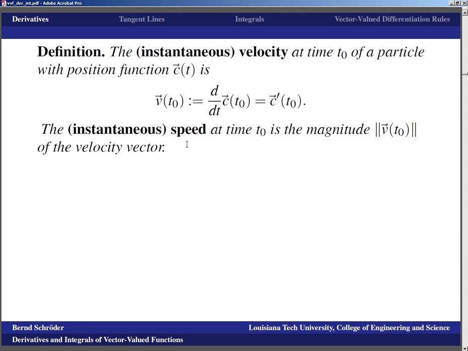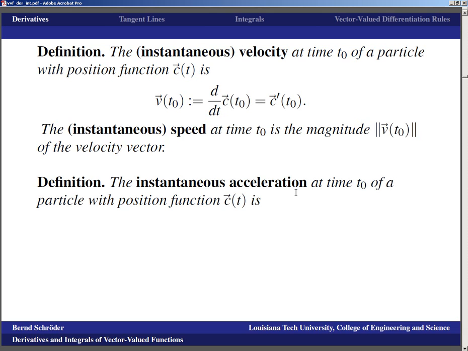Now it really makes sense for us to distinguish between velocity and speed. Speed is the magnitude of the velocity vector at time t0, the magnitude of v of t0. And if we're looking at the instantaneous acceleration of a particle with position function c of t, that would have to be the second derivative of the position function, c double prime of t0, or certainly the derivative of the velocity function.